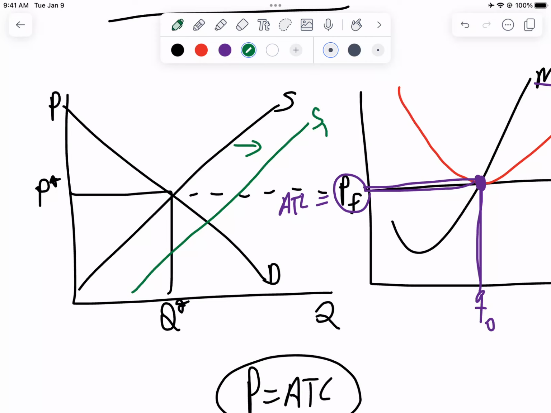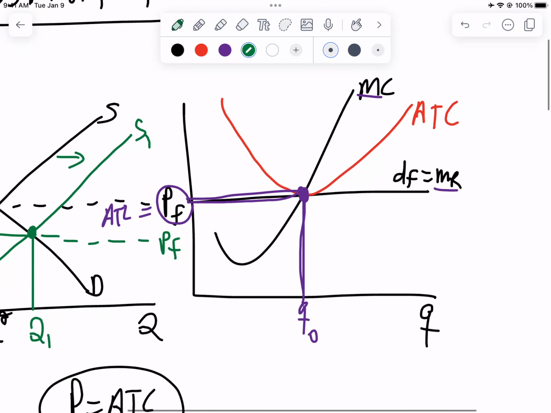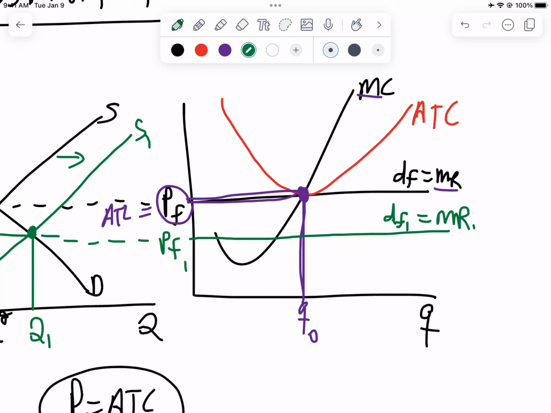So S1. Now I need a new equilibrium here. P1, Q1. Okay, and now I need to draw a new price for the firm. Let's call this PF1. This is my new demand curve, DF1, marginal revenue 1. All right, now nothing happened, let's say, with the cost. So let's say the ATC doesn't move.